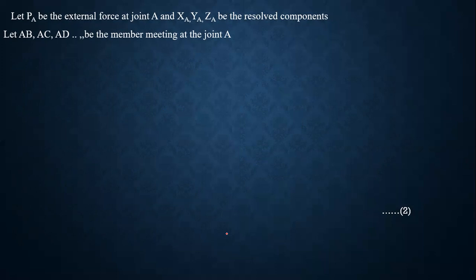Let AB, AC, AD be the members meeting at a joint, just like this. Suppose there are members AC, AB, AD, all three members jointed at point A. We all know that if we want any member to be in equilibrium condition, the sum of all the resolved forces should be zero. The same principle we used here.